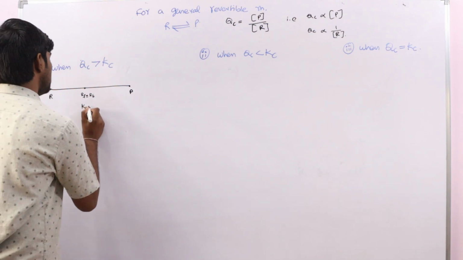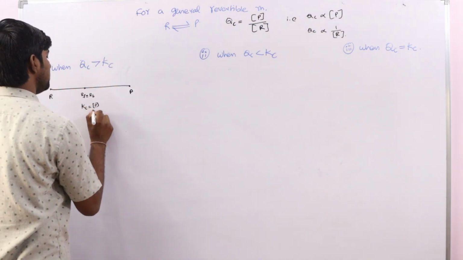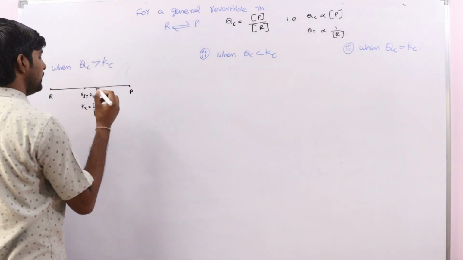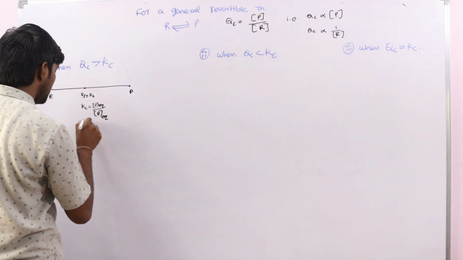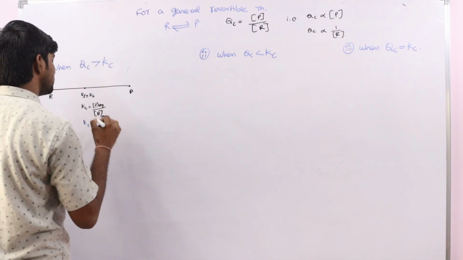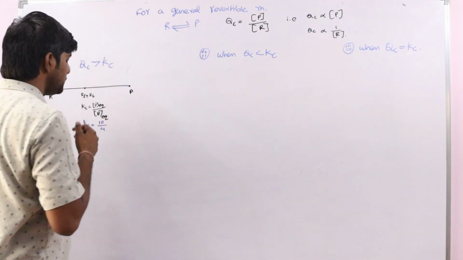Suppose Kc is equal to concentration of product by concentration of reactant at equilibrium. Only for understanding purpose, we are assuming Kc equals 10 by 4.